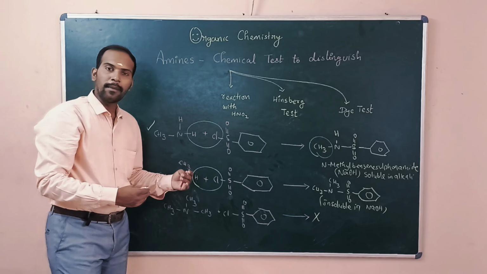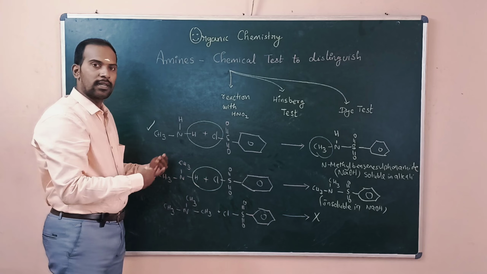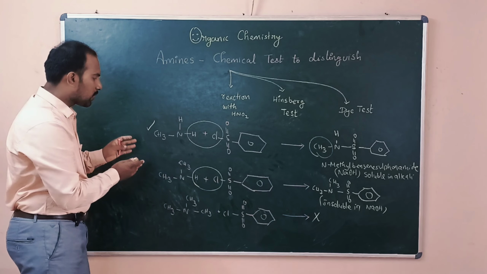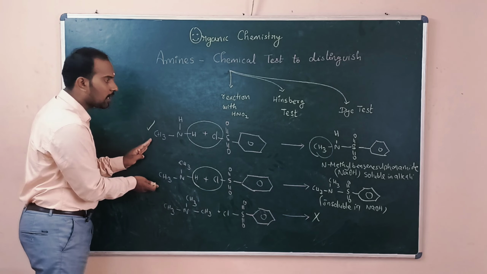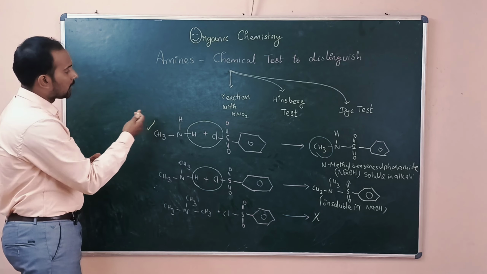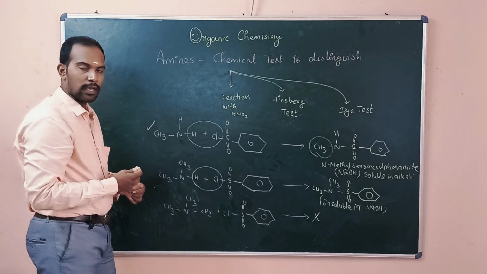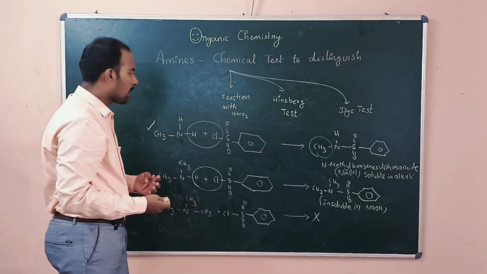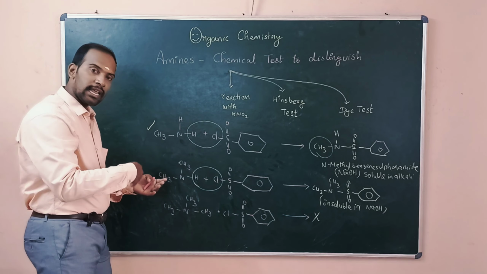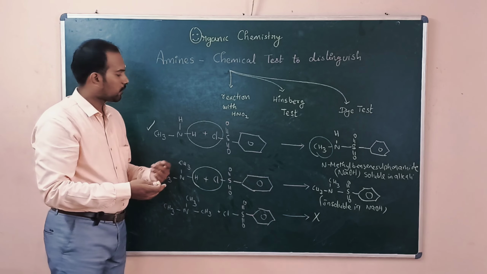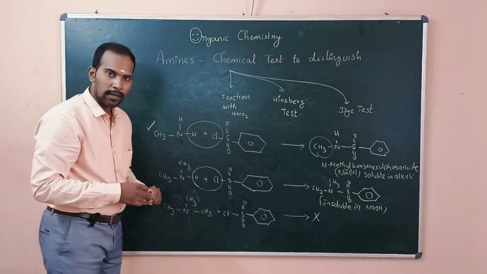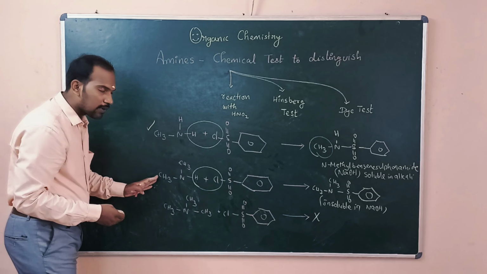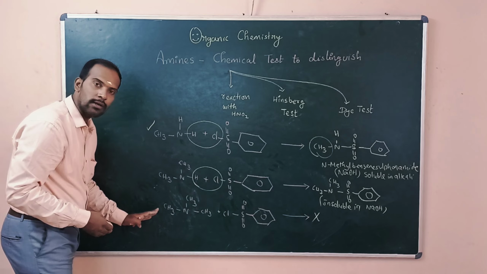So if they ask to distinguish primary and secondary amine by a chemical test, we can prefer the carbylamine test rather than benzene sulfonyl chloride. Okay, that is very easy for us. If they ask how to distinguish secondary and tertiary amine, we have no other option, we use benzene sulfonyl chloride, because secondary amine will react and tertiary amine does not react.